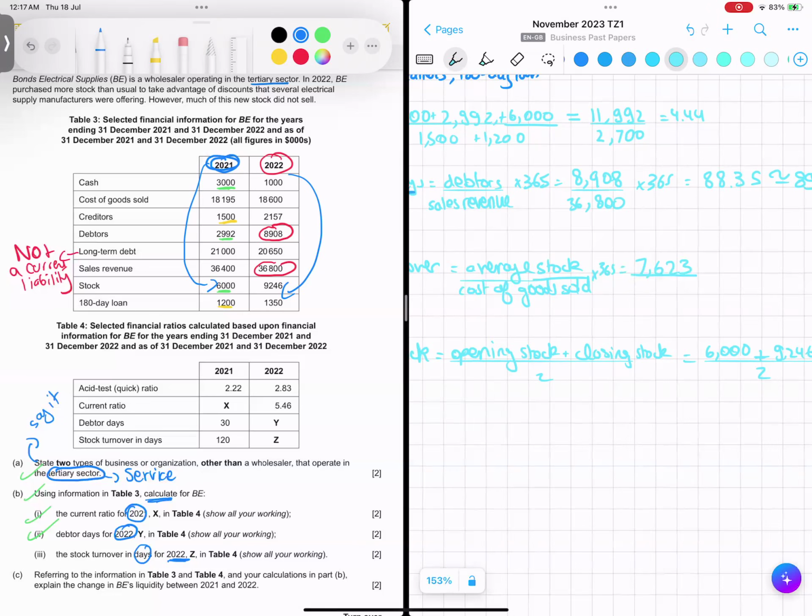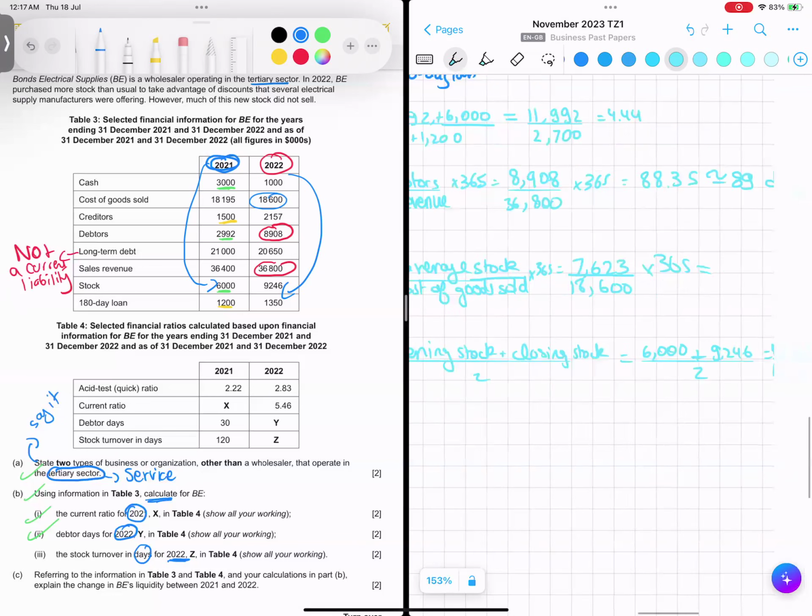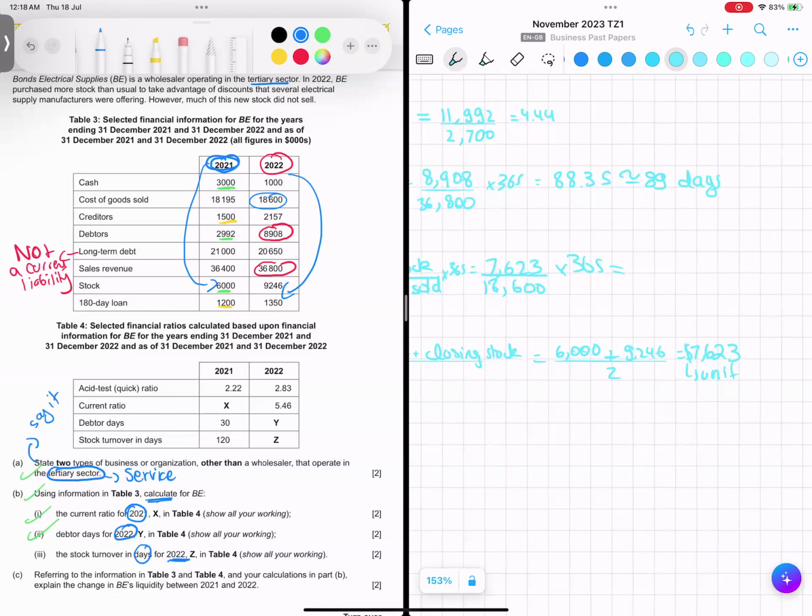So you have cost of goods sold, 18,600, times 365. Let me plug it in my calculator. So you have 149.59, which is basically 150 days, because again, days cannot be in decimals. So this is it for all of these questions.